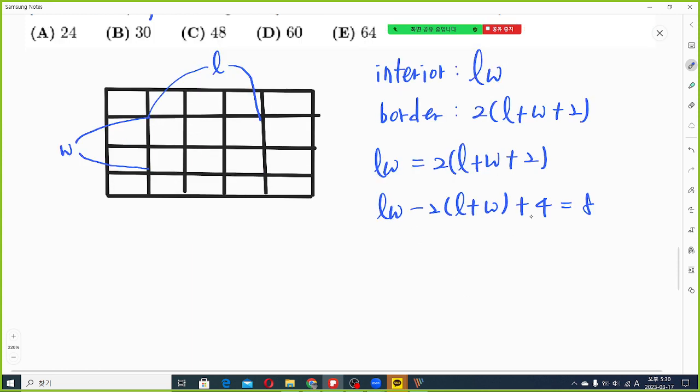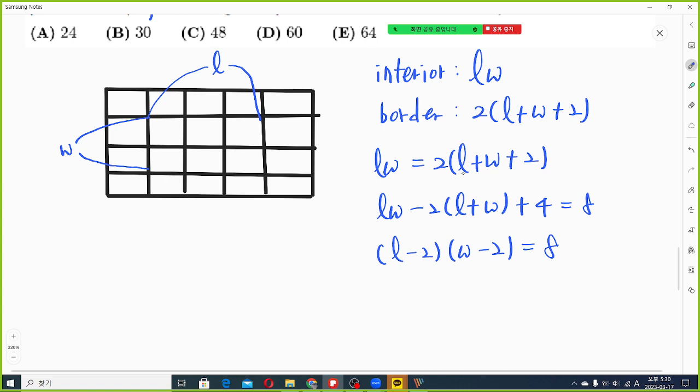And we can factor the left side because L and W are integers. What can be the value of L and W to make 8? Where did the 8 come from?